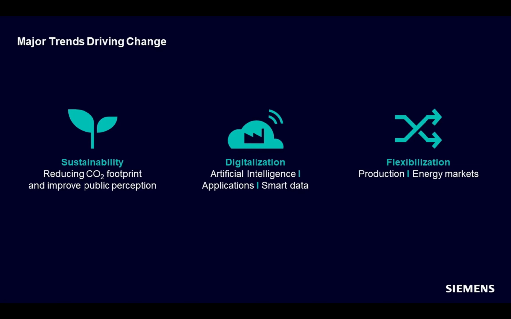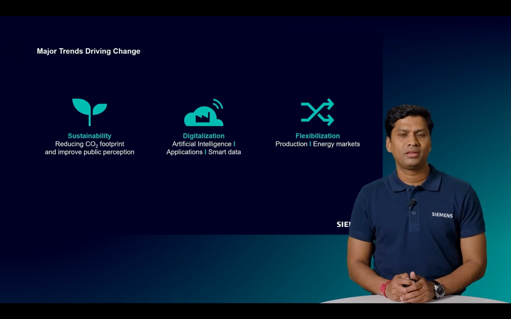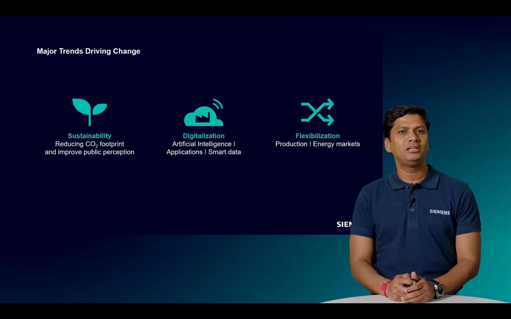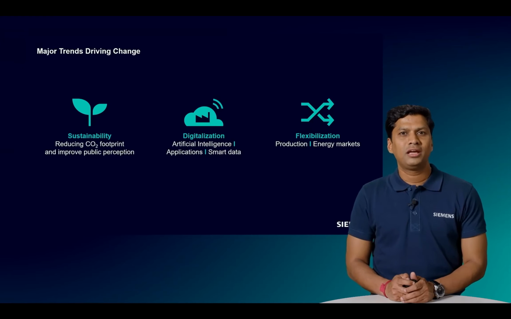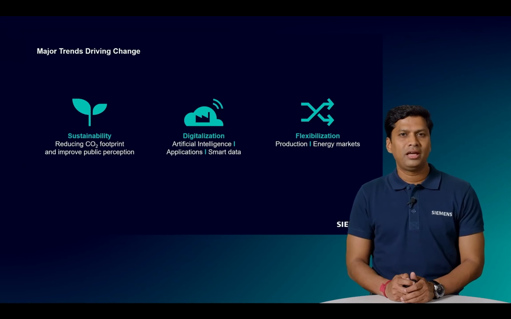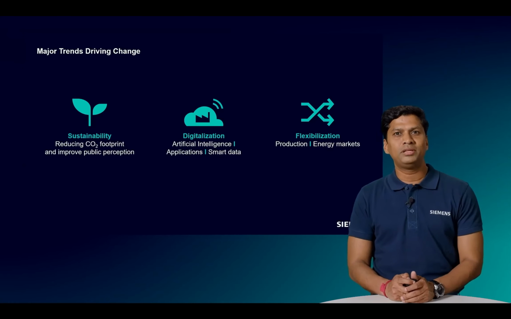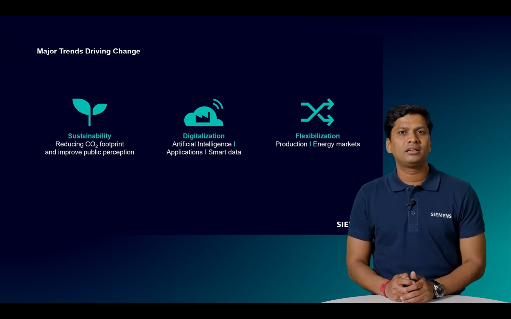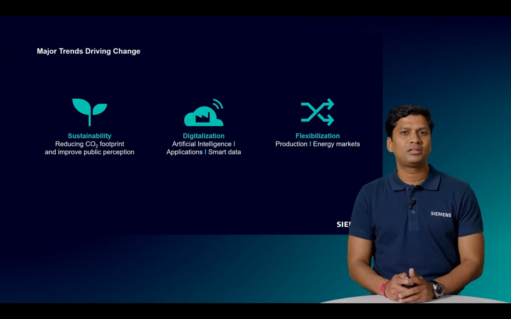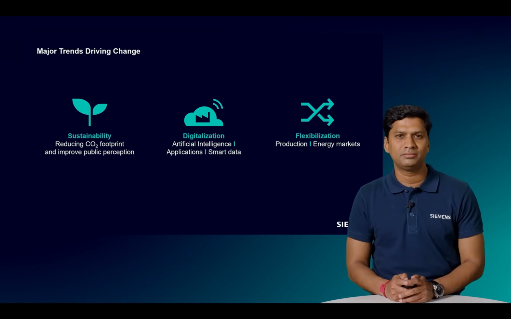So before going into details, let's look at the trends faced by the chemical industry today. The major trends are sustainability, digitalization, and flexibilization. As we approach critical tipping points for our planet, the demand to accelerate a sustainable transformation has never been greater.